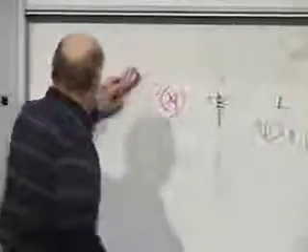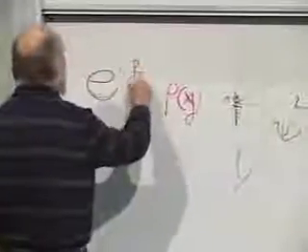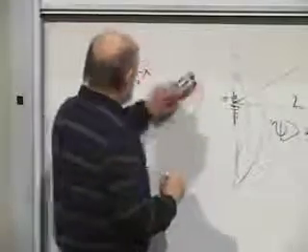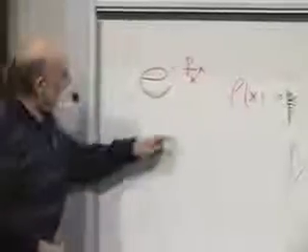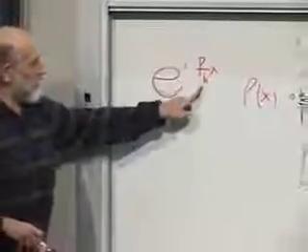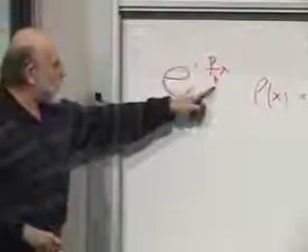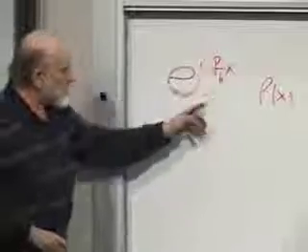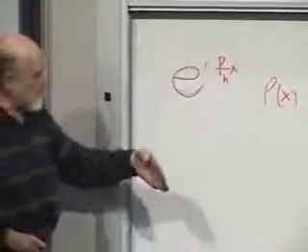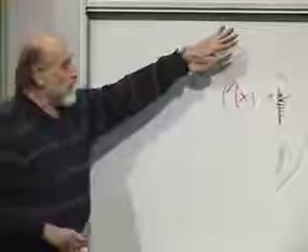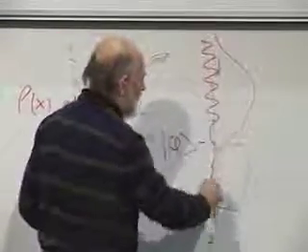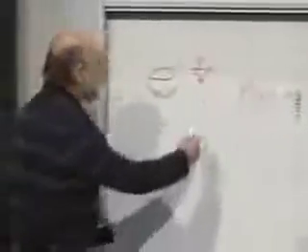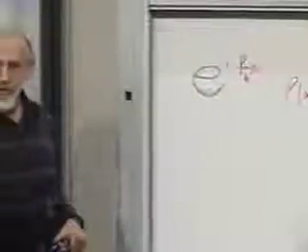Roughly speaking, it looks like e to the i p over h bar x, times some smooth function rho of x. Incidentally, p over h bar is likely to be a rather large number, which means that this oscillation is generally very fast. This rho of x is a smooth function which doesn't vary very much over the range here. Now what happens if we multiply this by its complex conjugate?